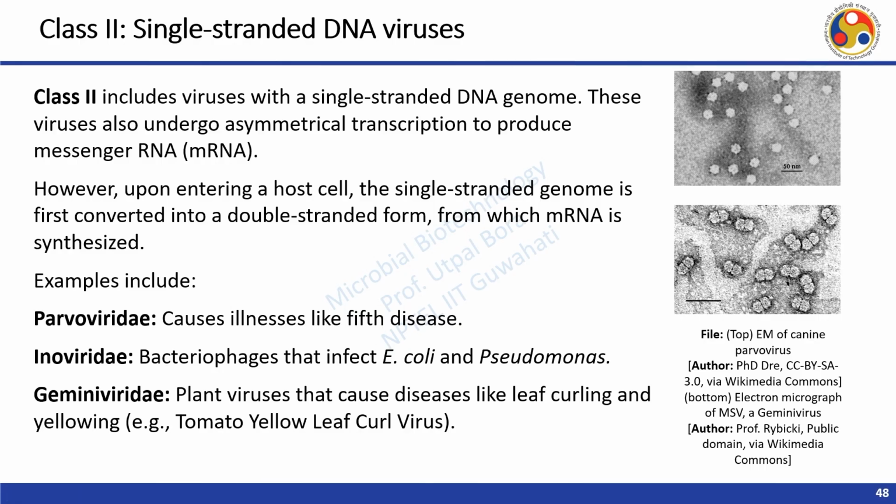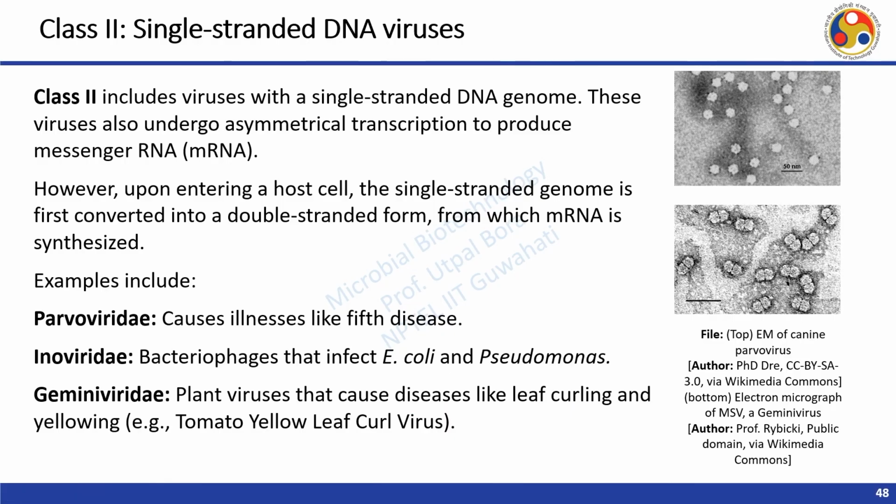mRNA is synthesized. Some of the examples include Parvoviridae, which causes illnesses like Fifth disease, and then Inoviridae, which includes bacteriophages that infect E. coli and Pseudomonas, then Geminiviridae, plant viruses that cause diseases like leaf curling and yellowing.